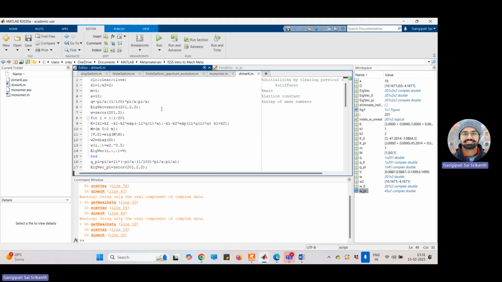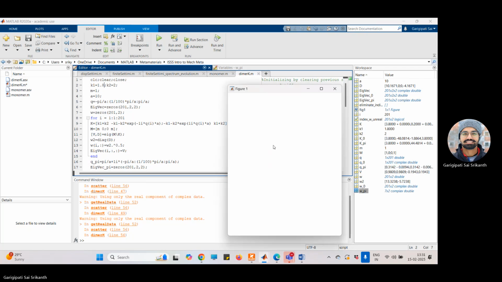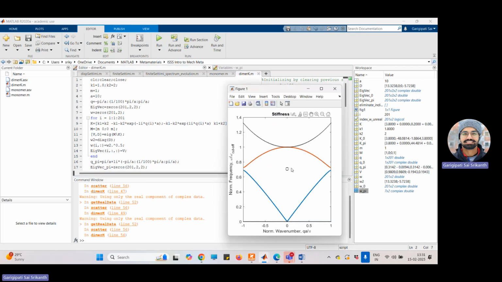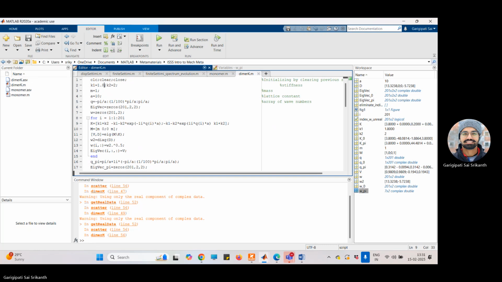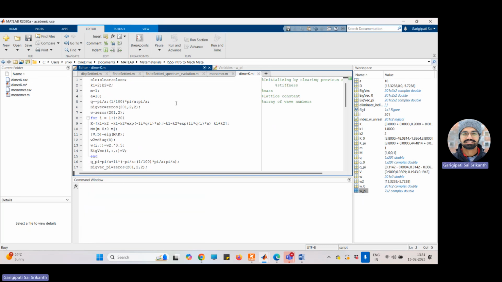Now what we are going to assess is what happens when K1 approaches K2. So we see that this band is sort of closing. Let's see what happens at exactly K1 equal to K2.